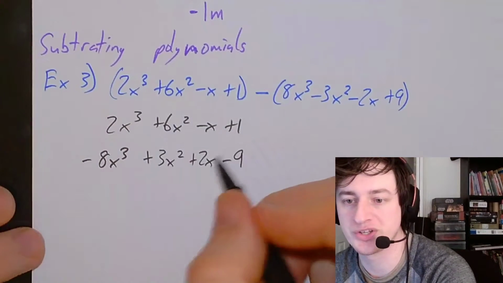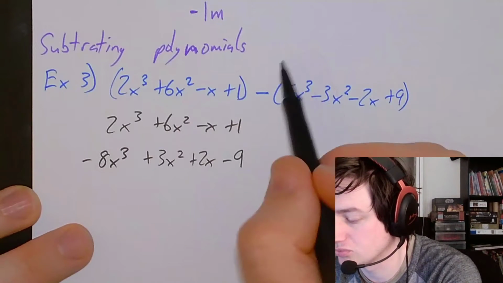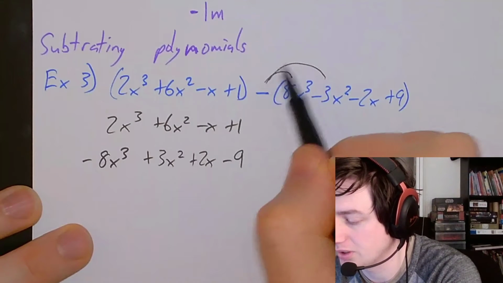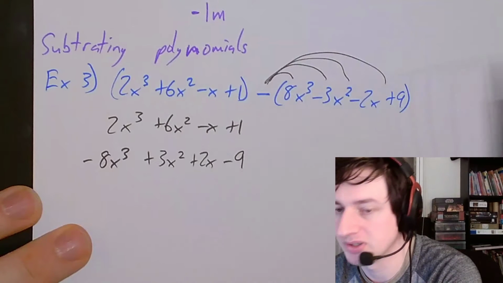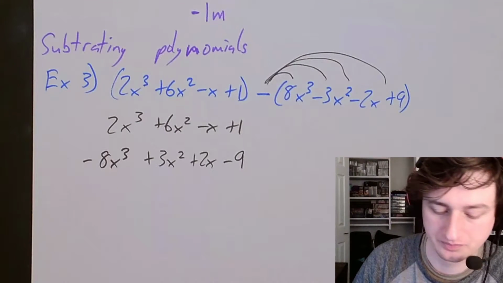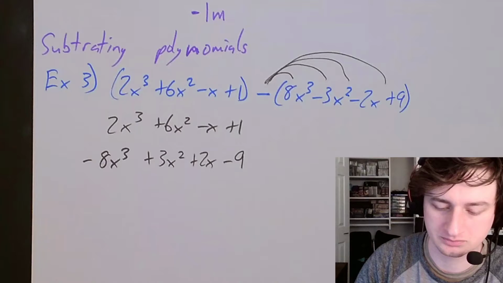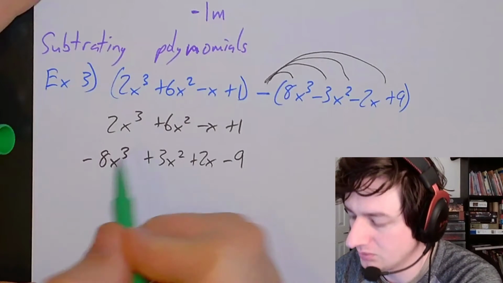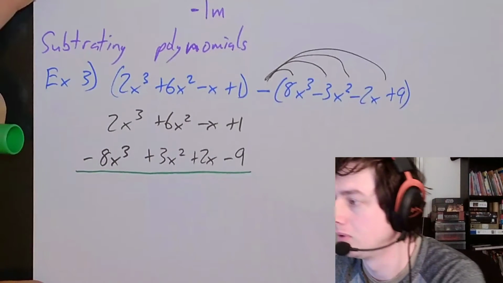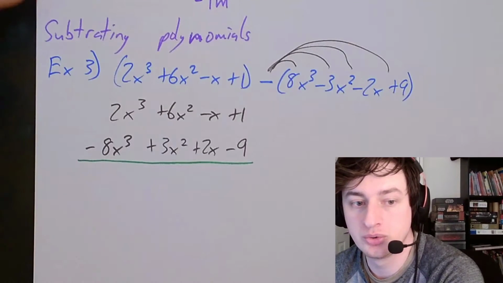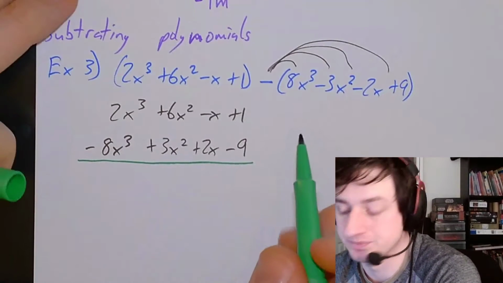So I switched every sign because we're subtracting, so I distribute this to every term inside here. And then when we add down, we'll get our combined polynomial.